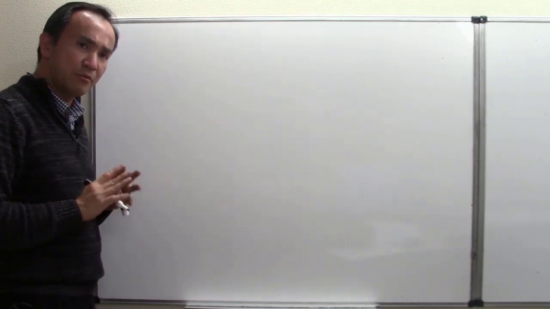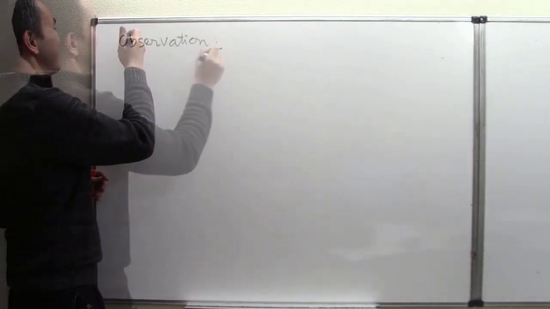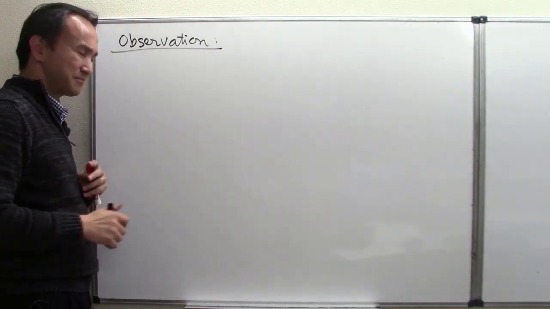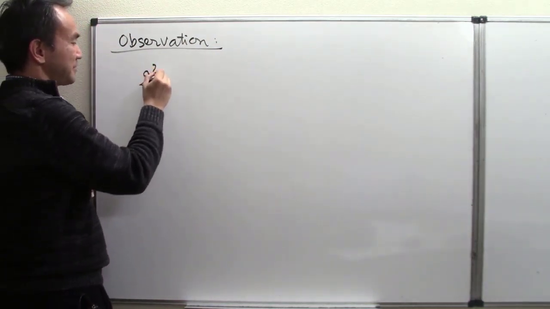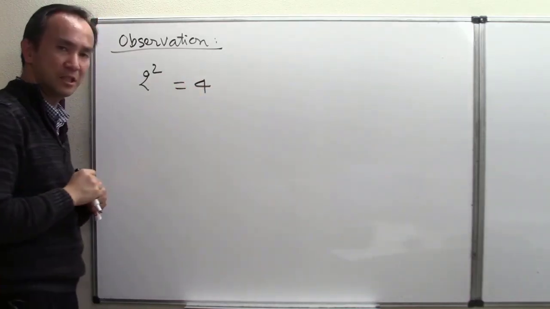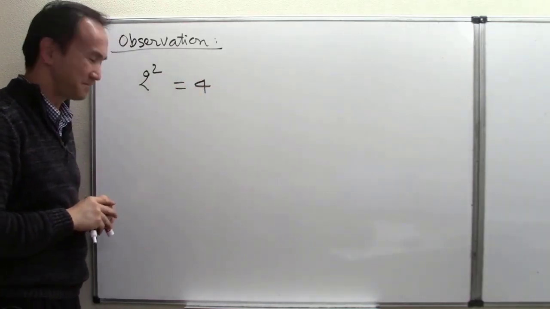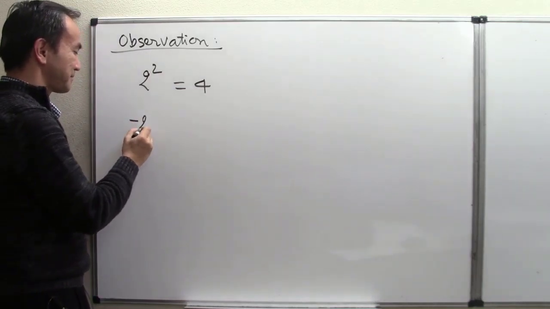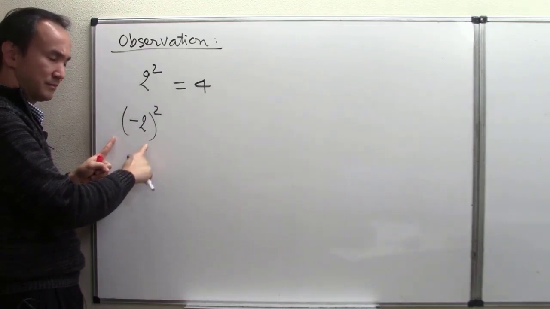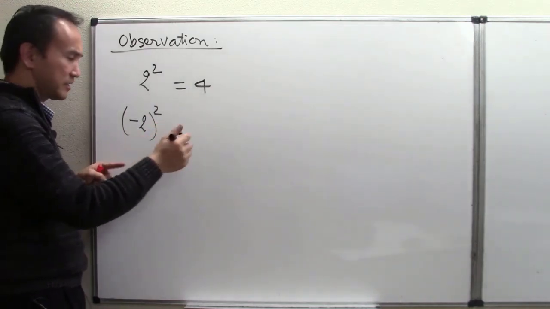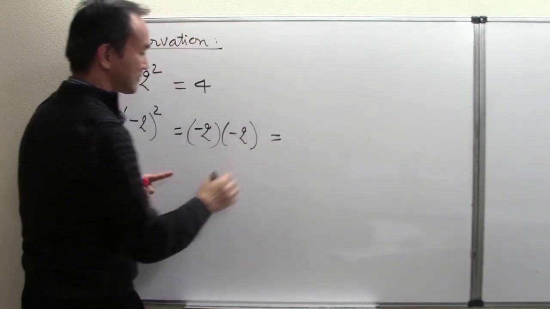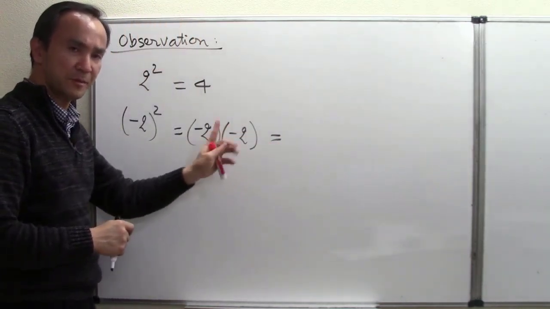All right, so let me now bring in some observation. So the observation comes as following. 2 squared equals 4. That's easy. Minus 2, squared. This means minus 2 times minus 2 in our understanding of basic arithmetic right here.